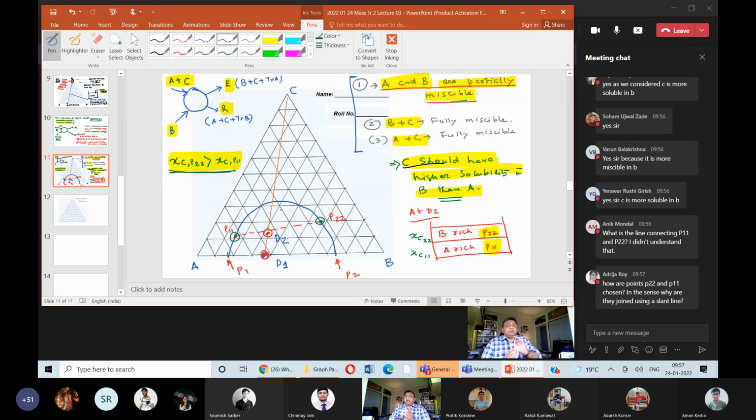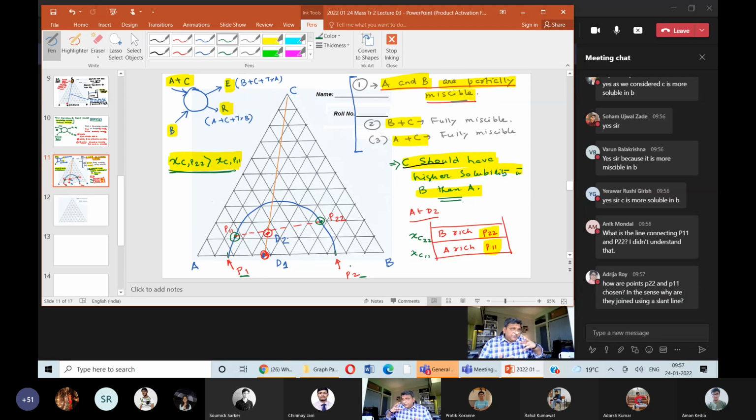Points P11 and P22 are not chosen. You go to point D and then the points automatically get determined. How do they get determined? So you have an initial composition of P1 and P2, right? And now, as I was emphasizing, C splits up.